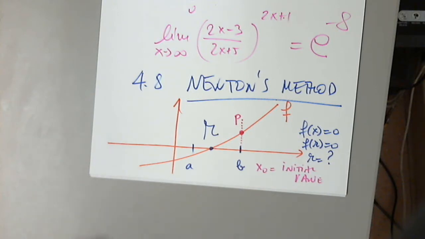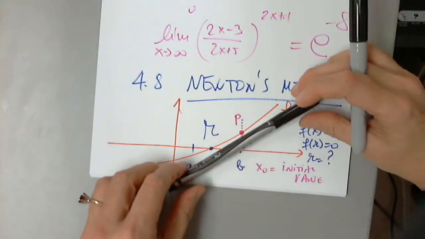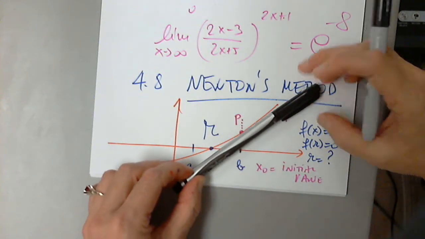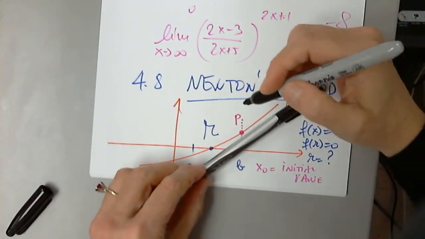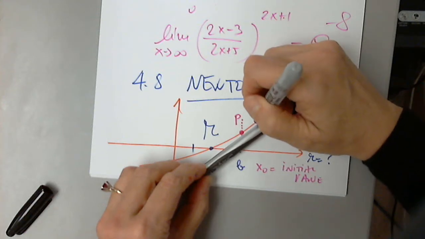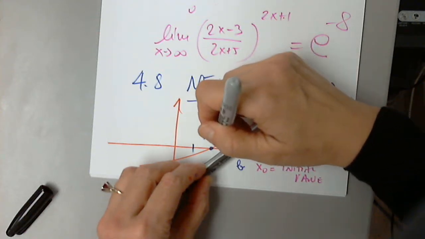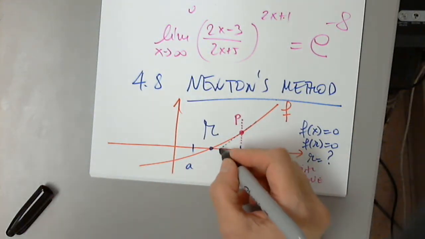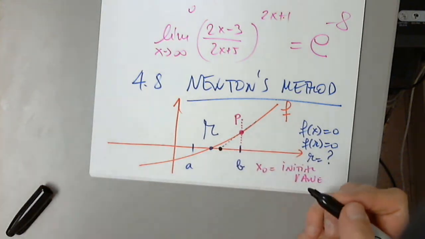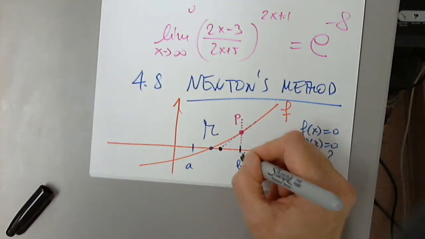I am going to draw a tangent at this point that I will extend, and it will cross the x-axis at this point. So this is my initial value.